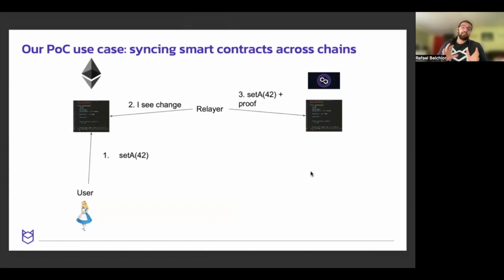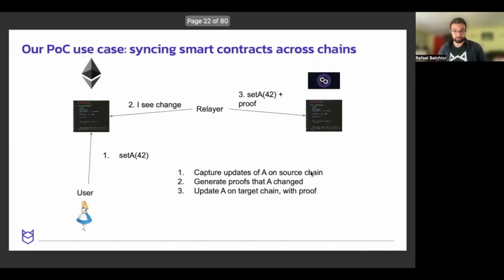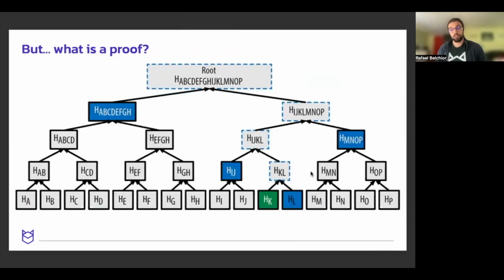And then it tries to replicate the state by sending the information that was changed plus a validity proof that that state transition is valid on a target blockchain. So capture updates, generate proofs of updates, and then send the proofs with the transactional data to the target chain.